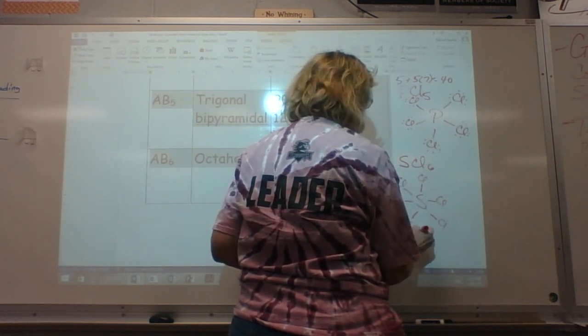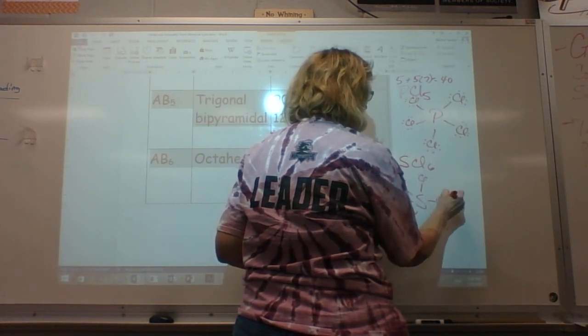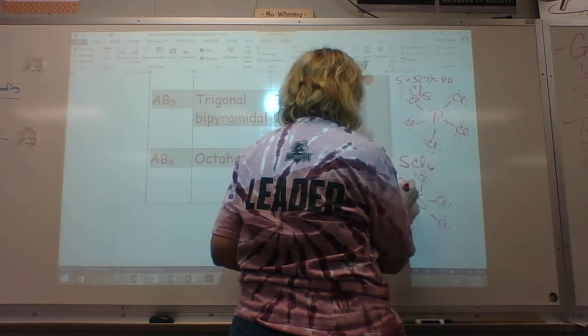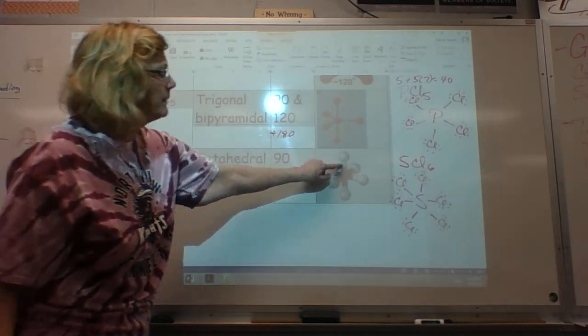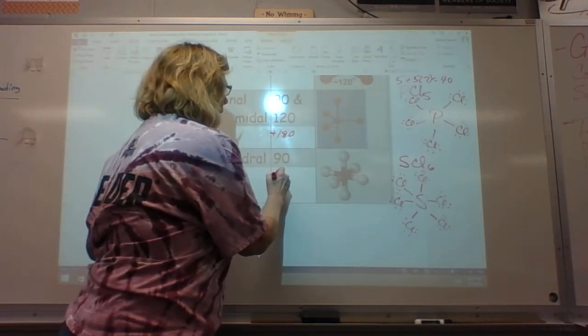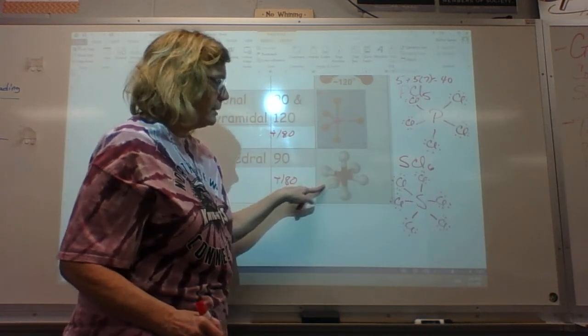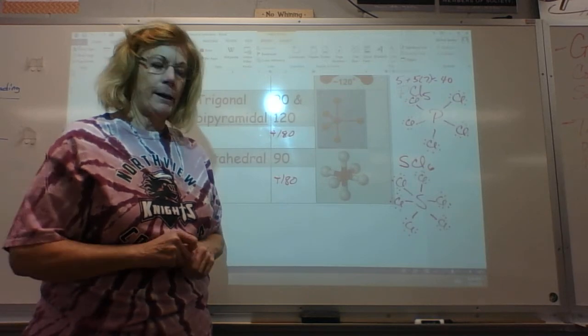And that will give me the 48 dots I'm allowed to draw. And so I have AB6, which is octahedral, and all of these are 90 degrees. If you also wanted to put 180 here, you could, because this is 180, this is 180, this is 180. So you've got that bond angle going in there too.